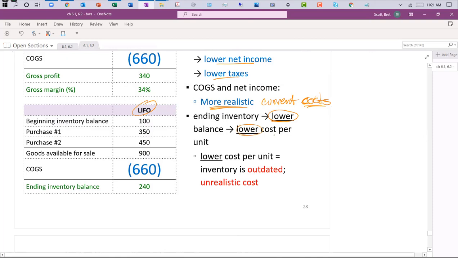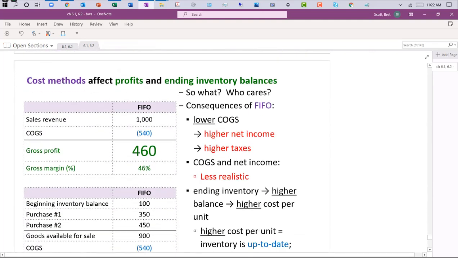Lower cost per unit means that the inventory we see on the balance sheet is relatively old, outdated. It's old stuff, so it's not a realistic cost on the inventory side. So basically on the income statement we see costs that are more realistic, but on the balance sheet, what's left behind is not a realistic cost per unit. So there's good and bad with LIFO.